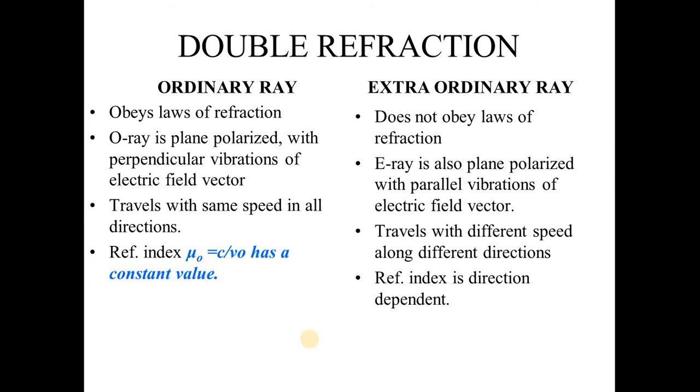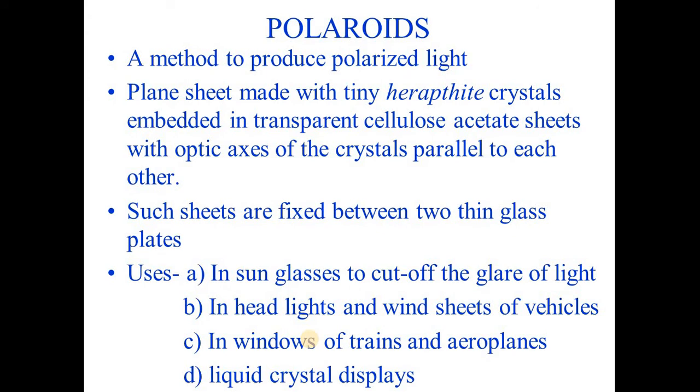The ordinary ray travels with the same speed along all directions. The extraordinary ray travels with different speeds along different directions. And the refractive index mu is equal to c by v0 as a constant value, but the refractive index changes with direction in the case of the extraordinary ray. This is important.